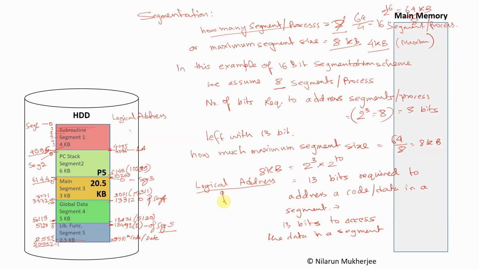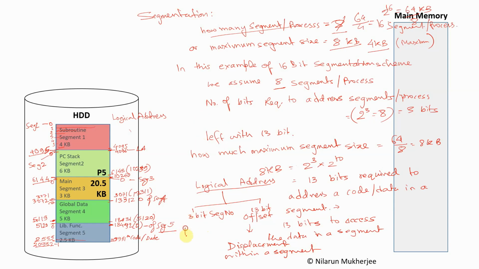is now broken into two parts: 3-bit segment number and 13-bit offset. That is, we say displacement within a segment.